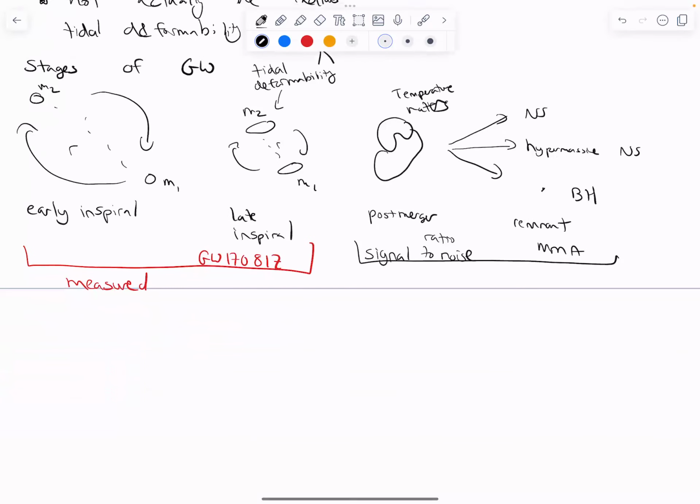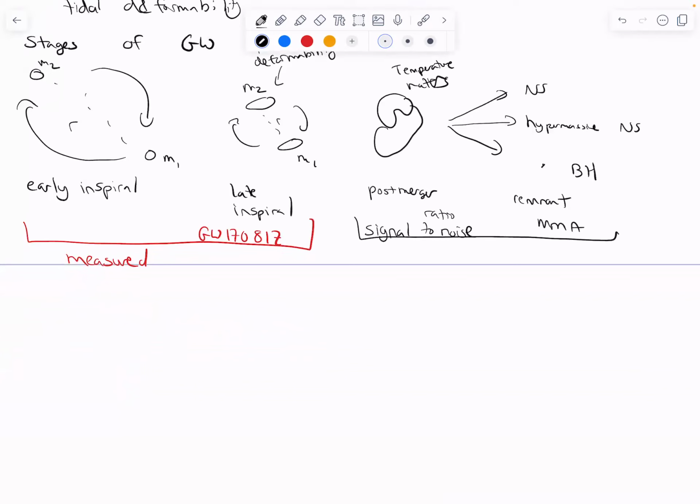All right, so let's talk a little bit more about the tidal deformability. I'm not going to derive it for you because it's a very long, complicated thing, but I'll kind of give you a breakdown of how this works. And I will talk to you about what they measure, because that's a little non-trivial.